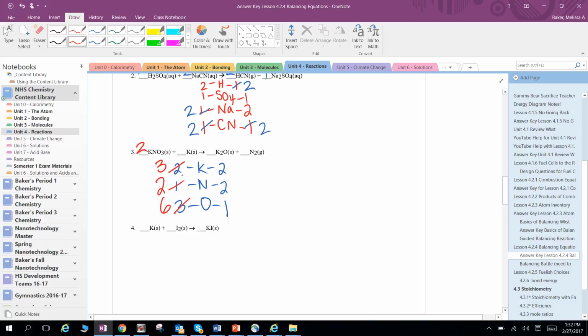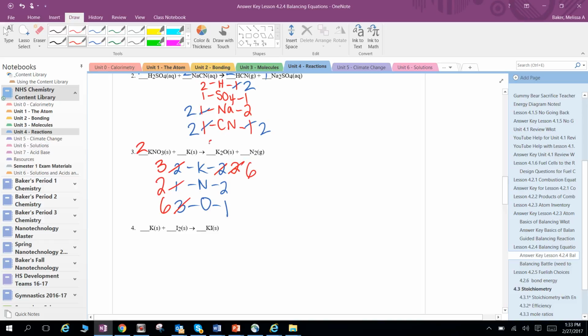So I'm going to try something different. Let's see, if I put a 2 in front of the K, that doesn't really help us out because that makes it 4, and the oxygens are still more, 6 oxygens.